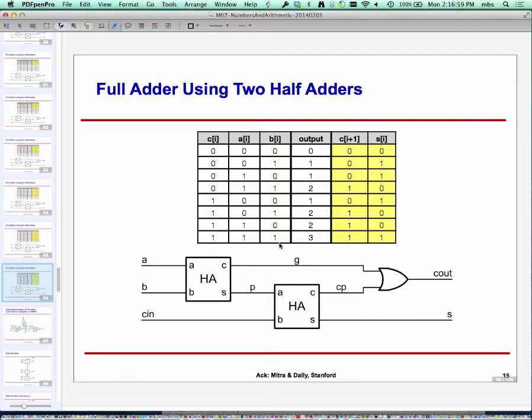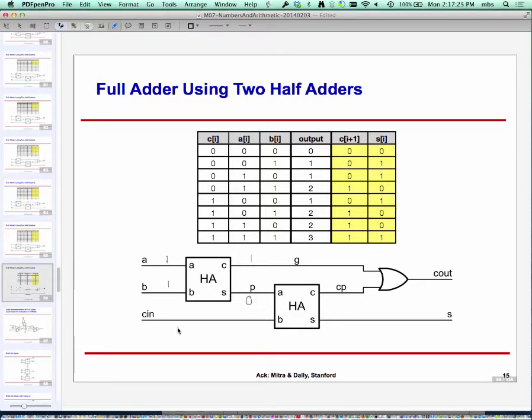So let's take 1, 1, 1. A is 1, B is 1, C is 1. So we have 1 and 1 out here. Let me write it down. So we have 1 here, we have 1 here. 1 and 1 is going to result in an output of 1, 0. Specifically, carry is 1 and sum is 0.